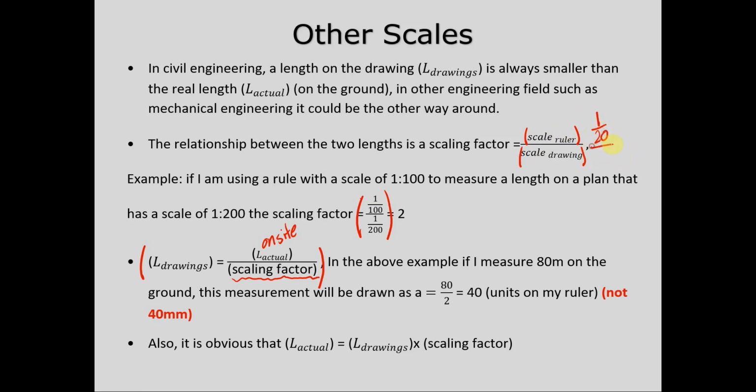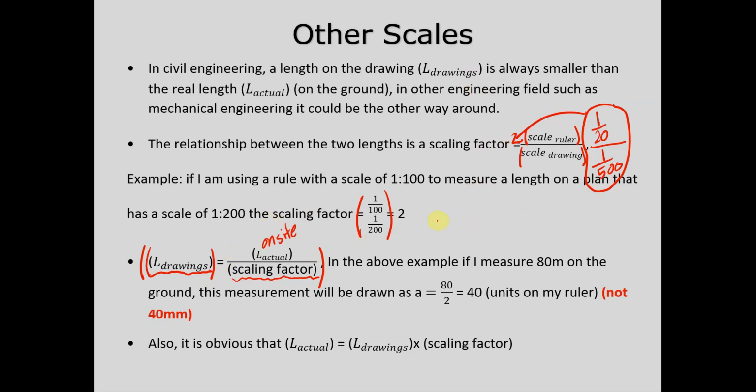And let's say the drawing scale is 1 to 500, I'll put here 1 on 500. These two form one thing, which we call the scaling factor. Therefore, the actual length divided by the scaling factor will give us what the length should be on the drawing.